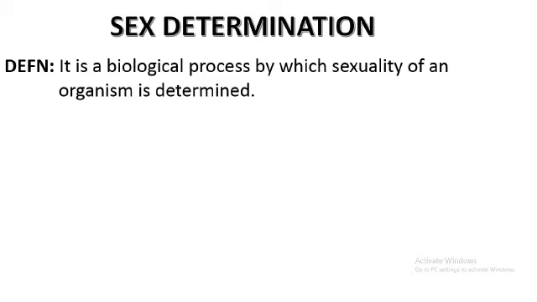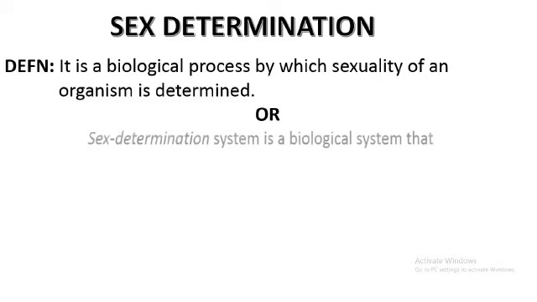So you know genes, you know chromosomes. Before the child is born, during the process of development, we can try to predict the sex of the newborn baby, or the sex of the offspring born. So this process, which helps in identifying the sex of a baby, is called sex determination.